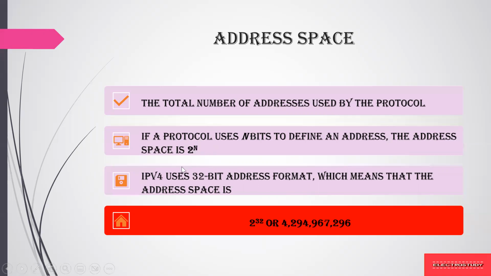So IP addresses use a 32-bit address format, and the address space is 2 to the power of 32, which is this many addresses that can be shown in the address space. Got it?